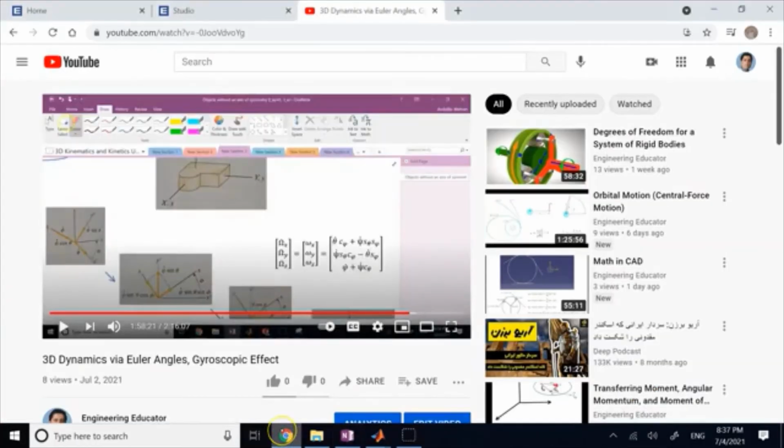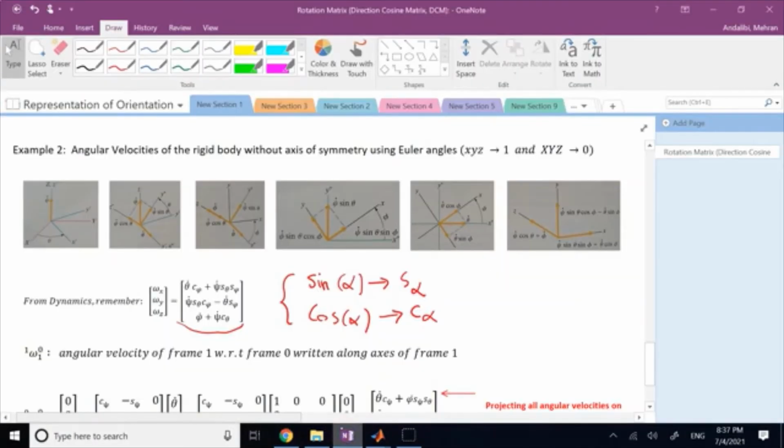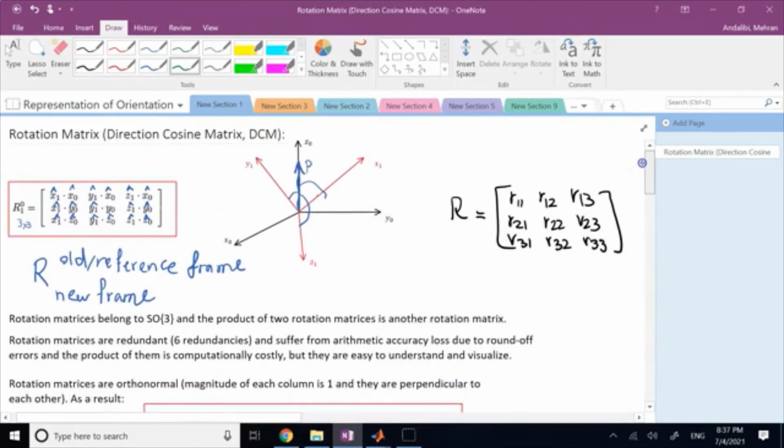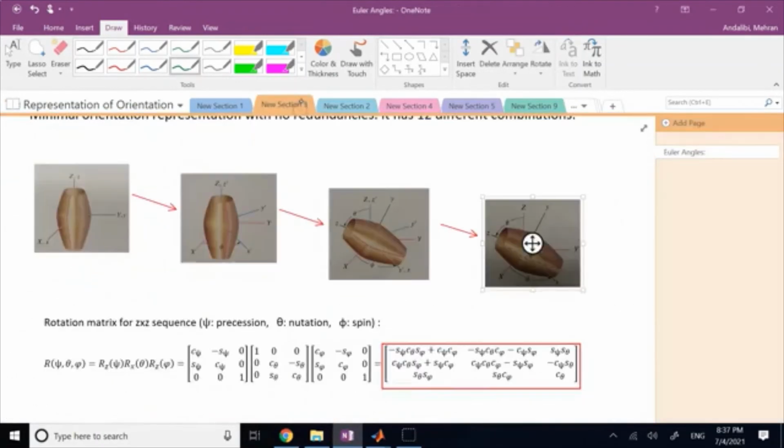As I said on my channel, I have shown you that I rotated a rigid body from an inertial frame, capital XYZ, to some final body attached frame, small xyz, through 3 rotations, psi, theta, and phi. And here all of these rotations are with respect to z, x, and z of the current frame.